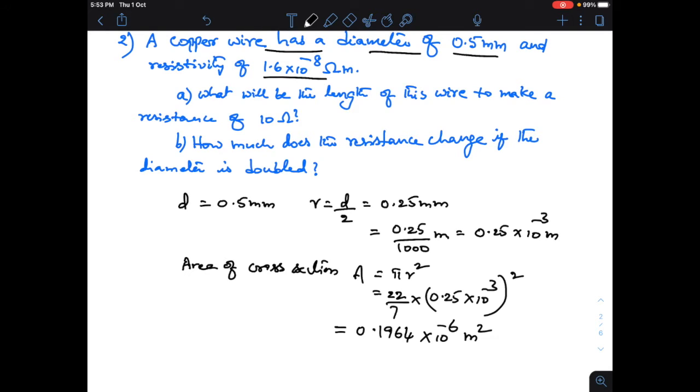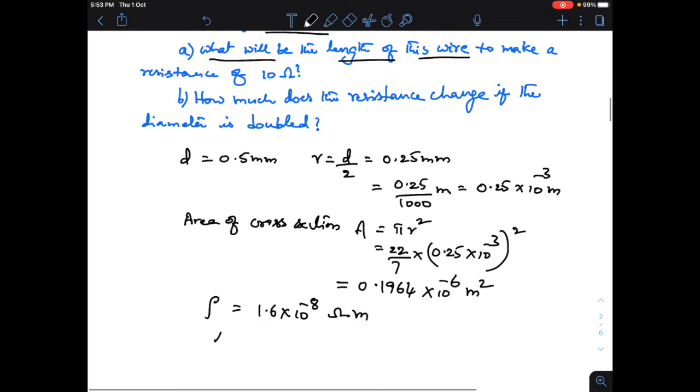Now, the resistivity rho is given as 1.6 into 10 to the power of minus 8 ohm meter. The question is, what will be the length of this wire? So you have to calculate L to make the resistance of 10 ohms. R is given, R is 10 ohms. With this data, what formula do we have to use?